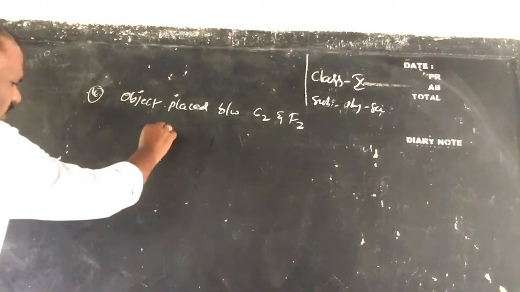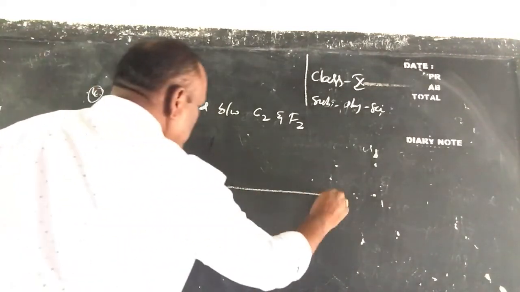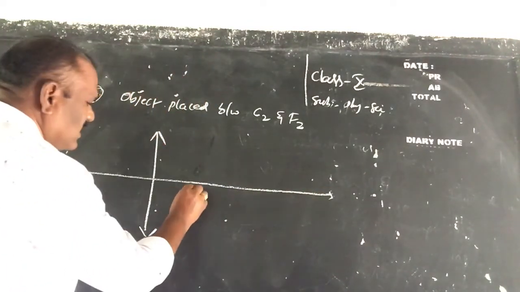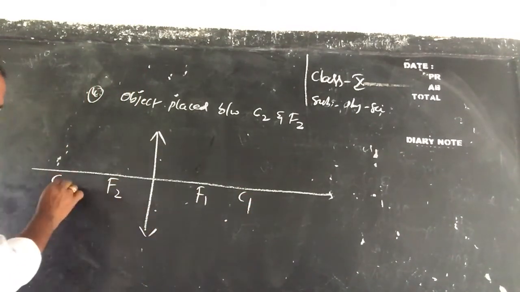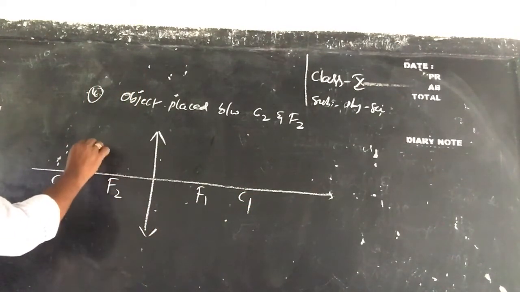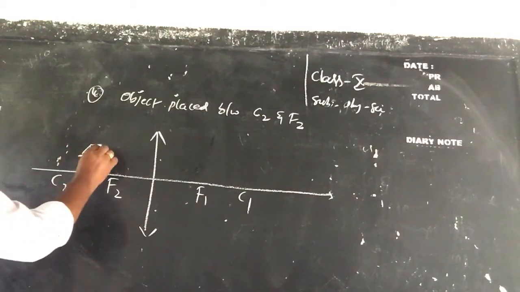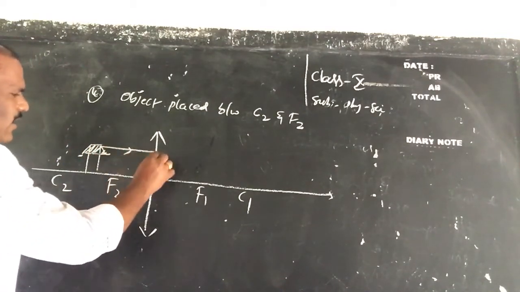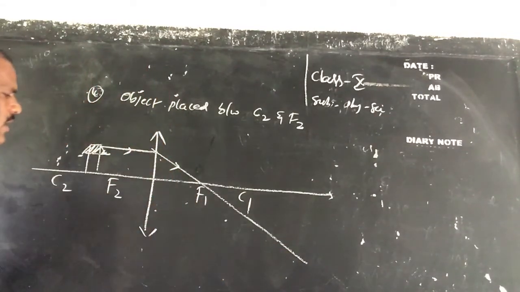Now, children, you just draw the figure. This is the convex lens, and this is the principal axis. Now, this is F1 and C1 and F2 and C2. Here is the object, children. The first ray passes through the focal point, and observe the second ray.